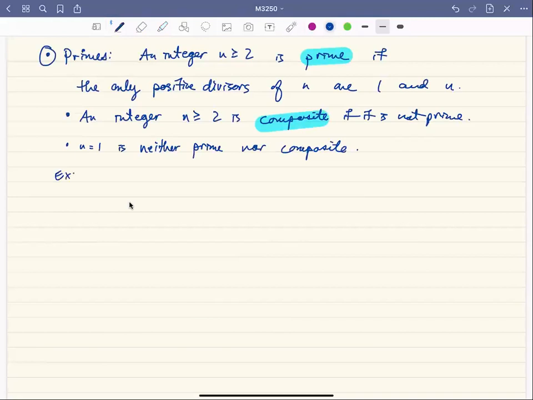So as far as the primes go, the primes include 2, 3, 5, 7, 11, 13, 17, 19, 23, 29, 31, 37, 41, 43. We could go on and on. In fact, one of the first things that we'll prove is that there's infinitely many primes.